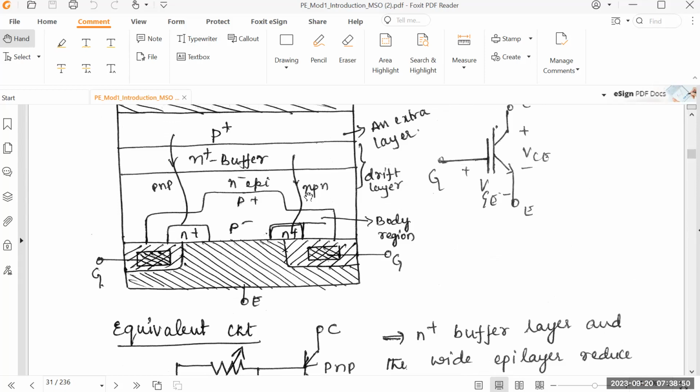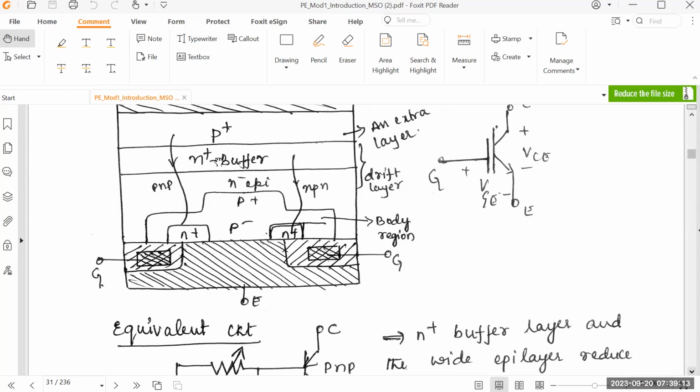If the gain is reduced, then definitely we do not require that kind of circuit. Why? Because gain is a parameter which increases the efficiency of a transistor. If the gain is reduced, the efficiency is reduced, and we do not require that kind of transistor.